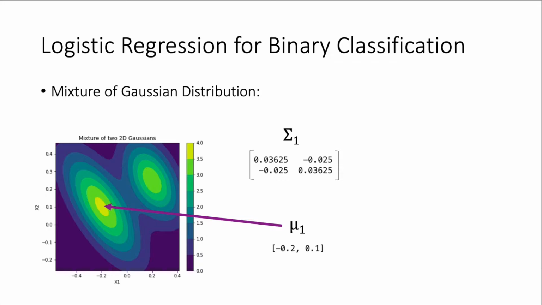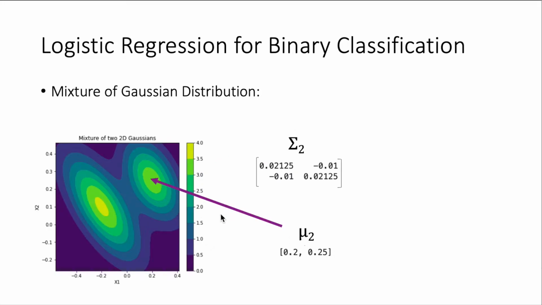In this case, for example, this Gaussian component has a mean of these exact values. We call it mu1, right? And a covariance matrix, which is in charge of the shape of the Gaussian component. And here I show the exact values for this component in particular.